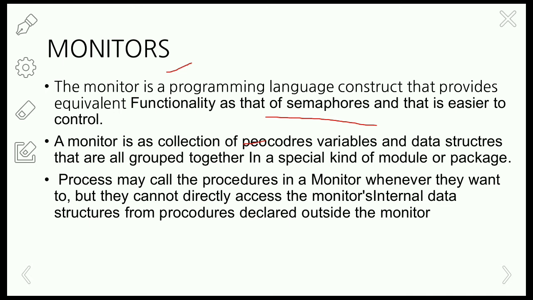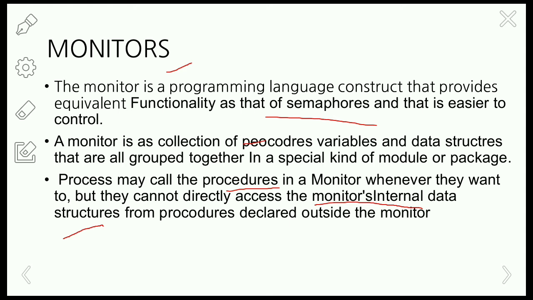A process may call the procedures in a monitor whenever it wants to, but it cannot directly access the monitor's internal data structures from procedures declared outside the monitor. A particular process can call only one procedure in a monitor, and it can access only one variable.